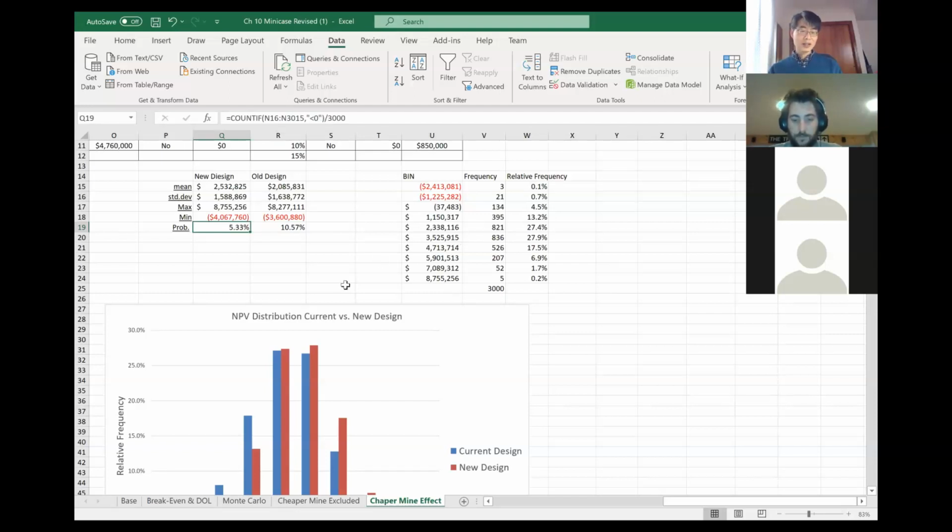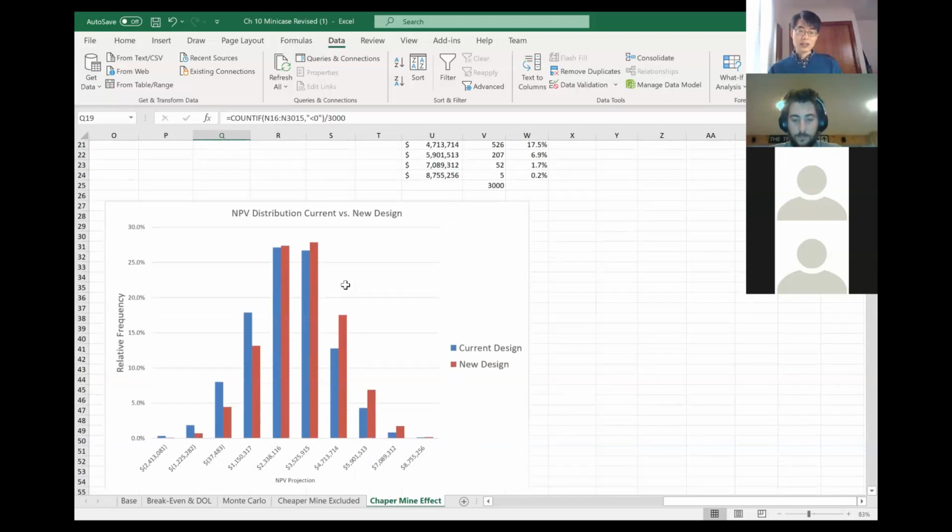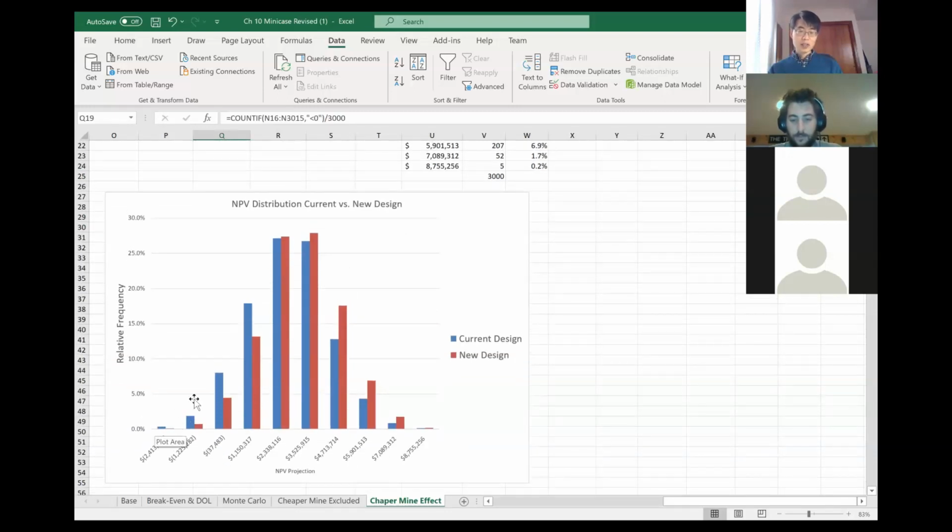And so when you visualize the data, the blue one is the distribution of net present value out of those 3,000 simulations. And the red one is the distribution of the net present value when you use the new cheaper mine technology.